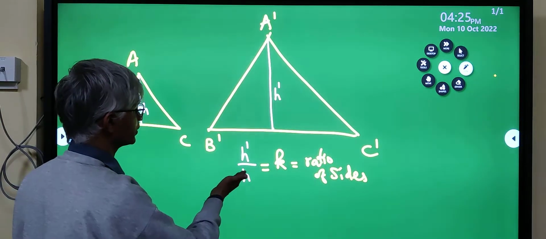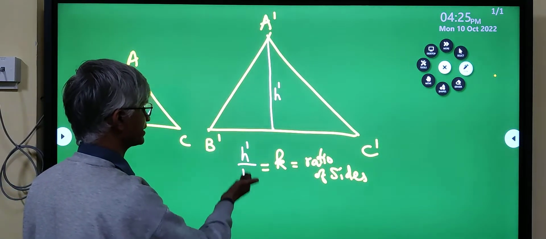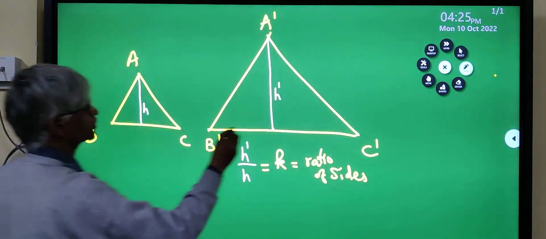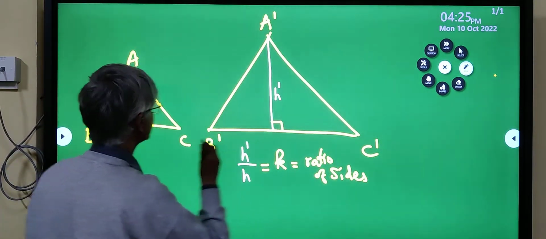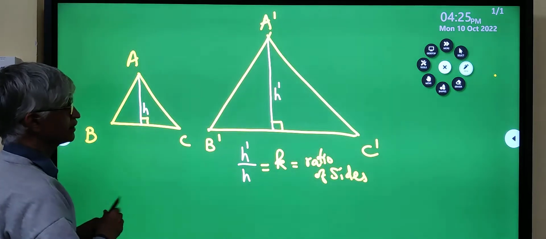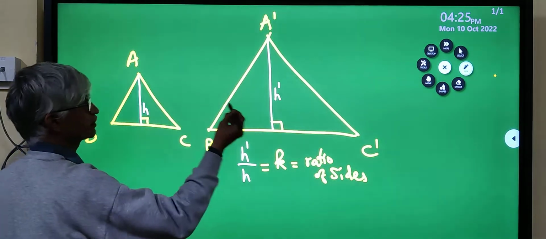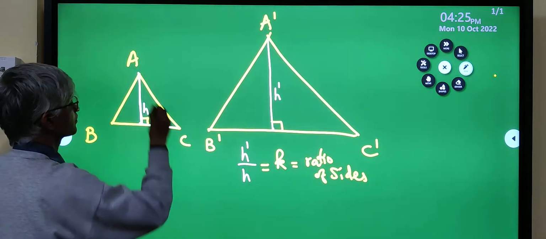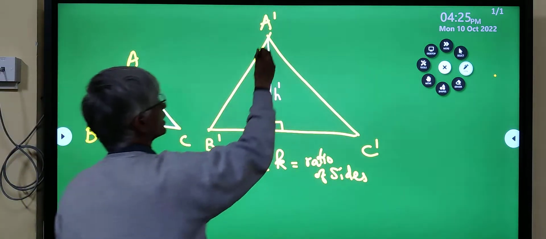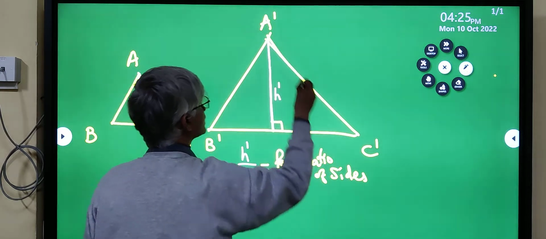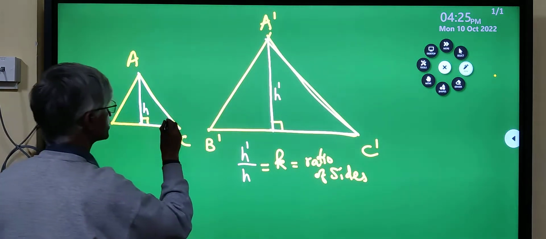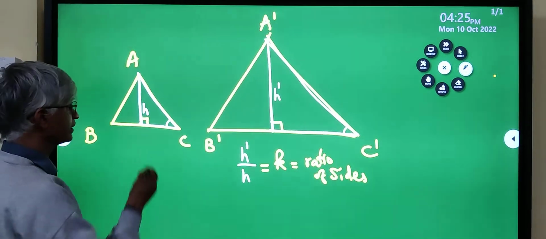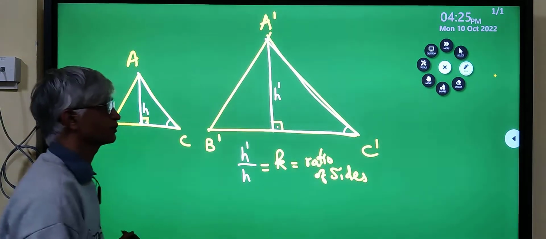So maybe I'll just try to show you how one can prove that h dash over h is k. This is rather straightforward. Essentially what you've got to note is that this is 90, this is 90, and therefore these two triangles are similar, because this angle and this angle are the same, both being 90.